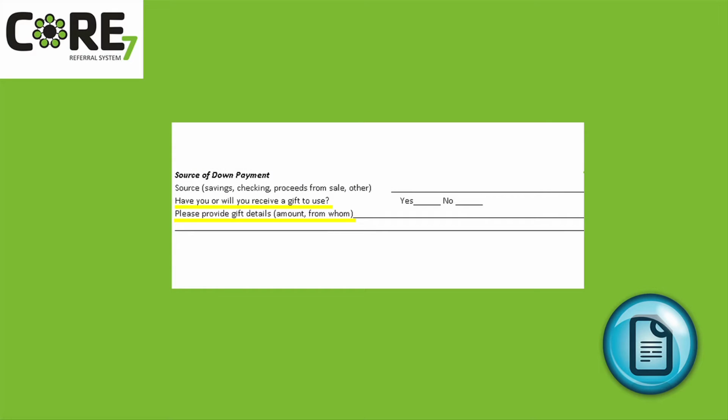The next section is the source of down payment. This is fairly straightforward and a lot like a standard application where we are verifying if the down payment complies with the lending guidelines. What you are primarily looking for is if they are getting a gift and the amount of the gift.